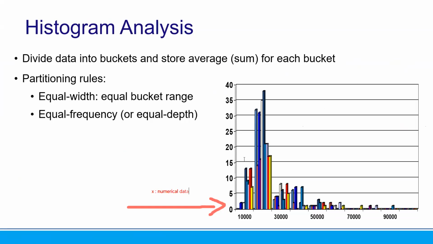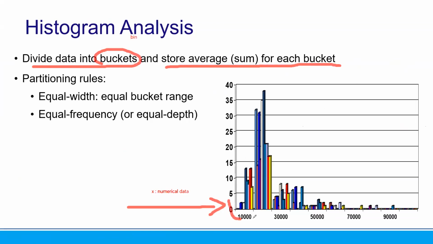We call this one the histogram, and we can divide the data into buckets. I think last time you learned about bin. Okay, a bin is one bucket. The second bin, the second bucket, we have another bin. And we can store the average or summation for each bucket.